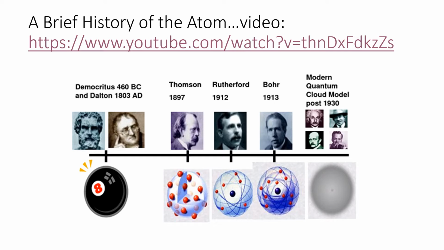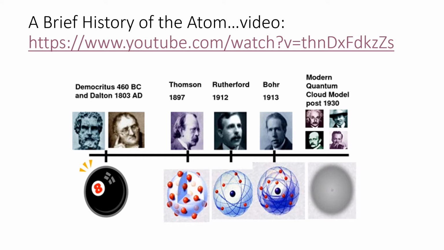As far as theory of an atom goes, it dates back to 460 BC. So it's like 460 years before 0, when we are currently in 2021. And then Dalton in 1803 AD, so just over 200 years ago. Then not a whole lot changed for close to 100 years.